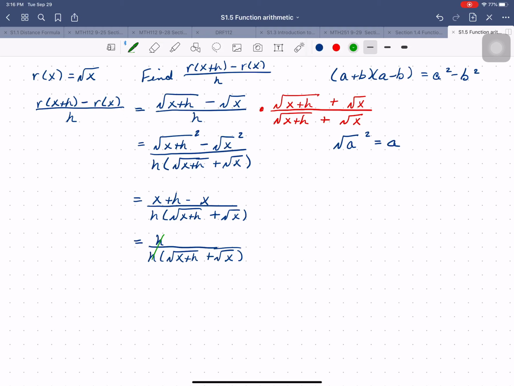Cancel out those h's, and left on top is a 1. So my difference quotient for the square root of x is 1 over the square root of x plus h plus the square root of x, and that's all she wrote.